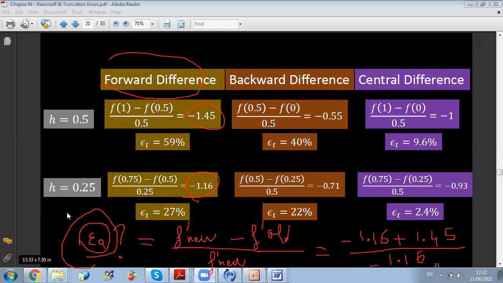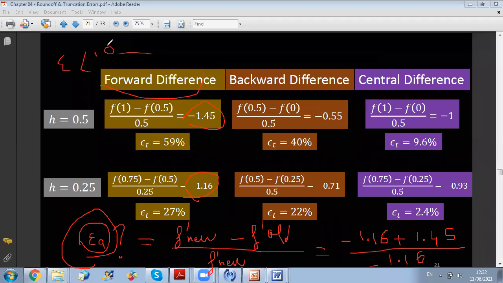Yes, it's true. It's good to start with a small h because we expect that with a smaller h we can get a better value. Here, the purpose is just to show you how we proceed. Maybe if you require a very accurate result, say you want to stop when epsilon is smaller than 10 to the minus 6, even if you start with 0.25 or smaller, your criterion may still not be satisfied.